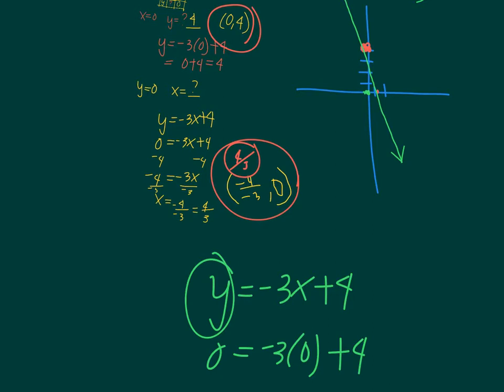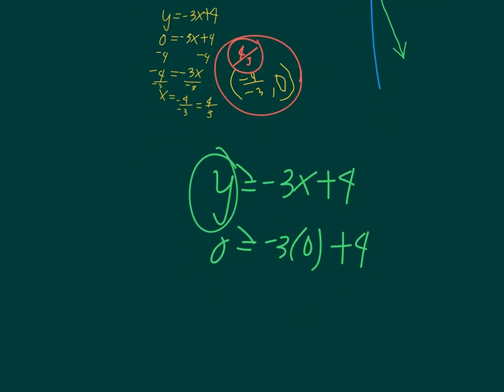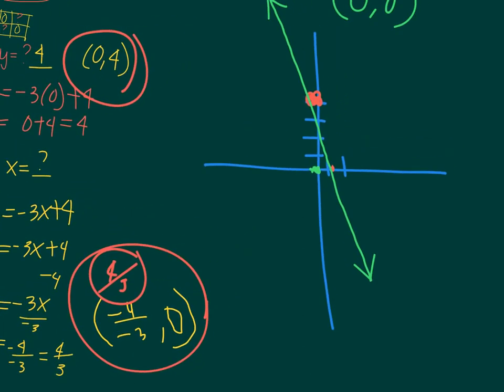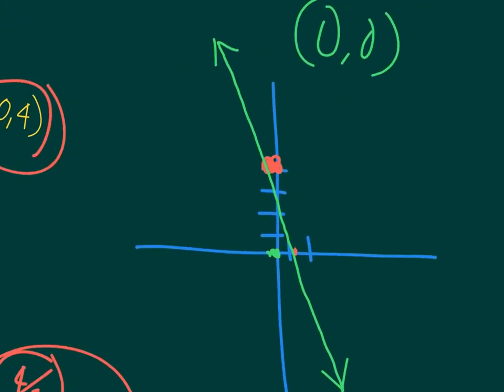Greater than or equal. So 0 is greater than or equal to 0 plus 4. 0 is greater than or equal to 4. Is that a correct statement? No. So since that point makes a false statement, then you choose the other side.